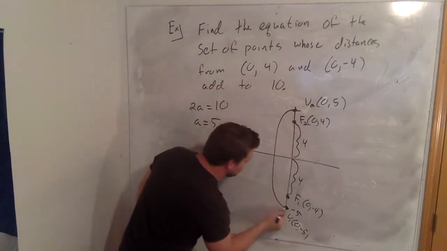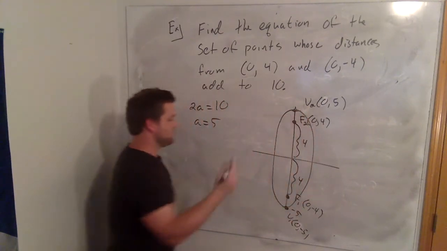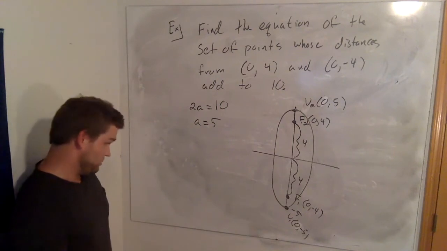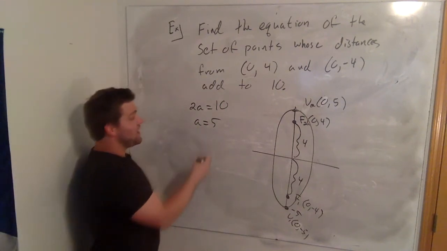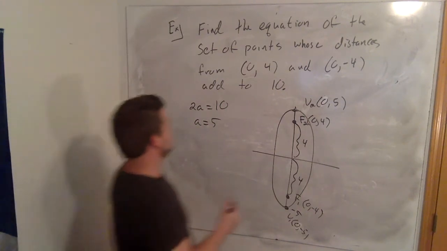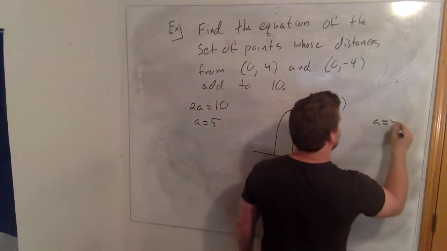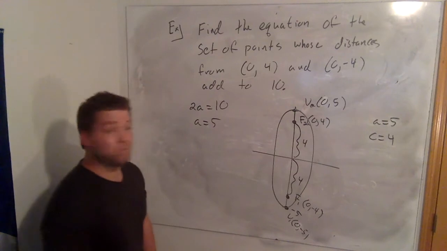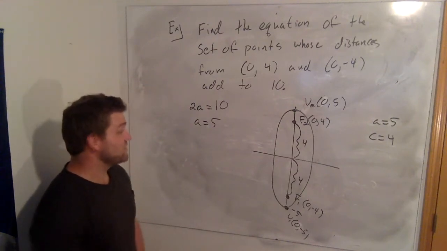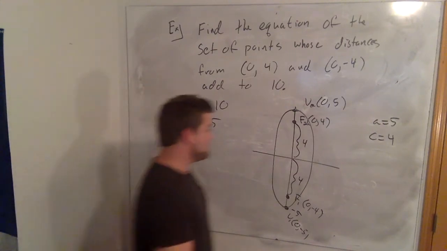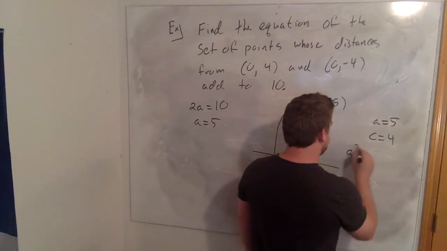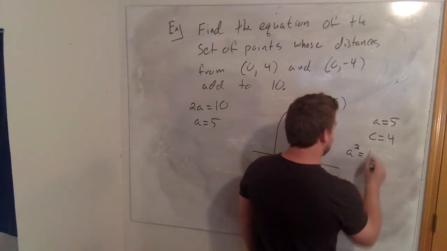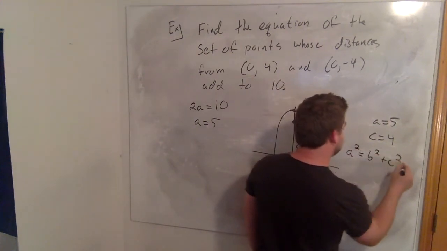Again, we don't need to draw the ellipse. That's not really what it's asking. We just want to find the equation. Well, we know that a is 5. We know that c is 4, and it's going to be elongated more in the y direction. We just need to figure out what b is. We have that a squared is equal to b squared plus c squared.